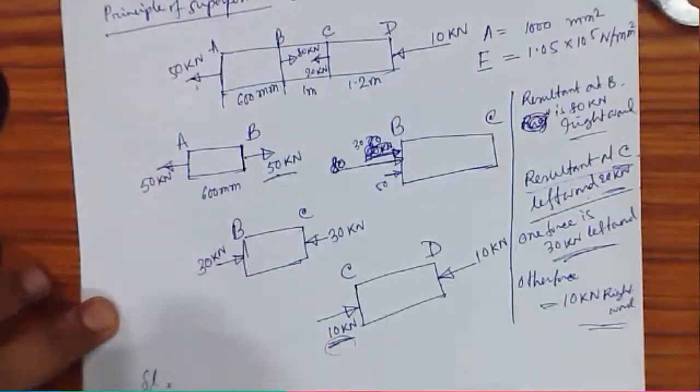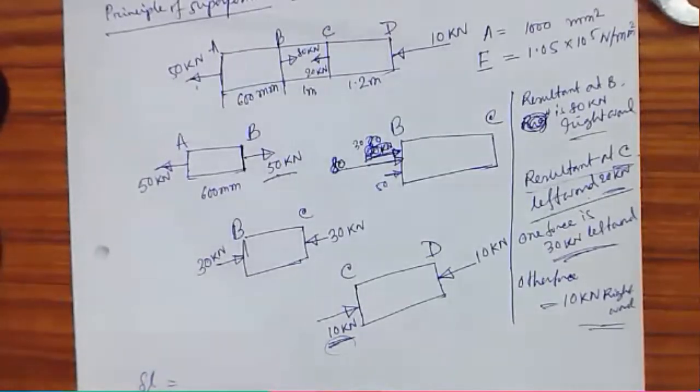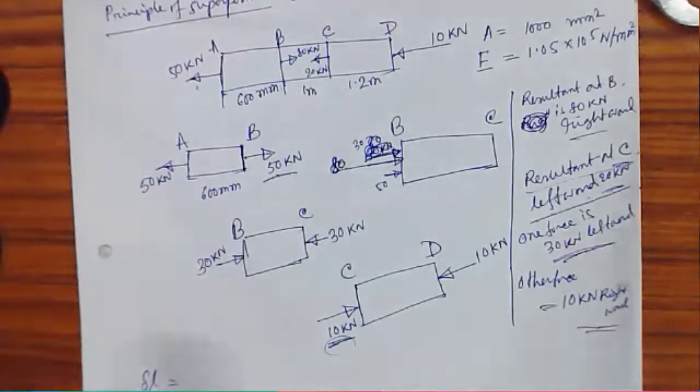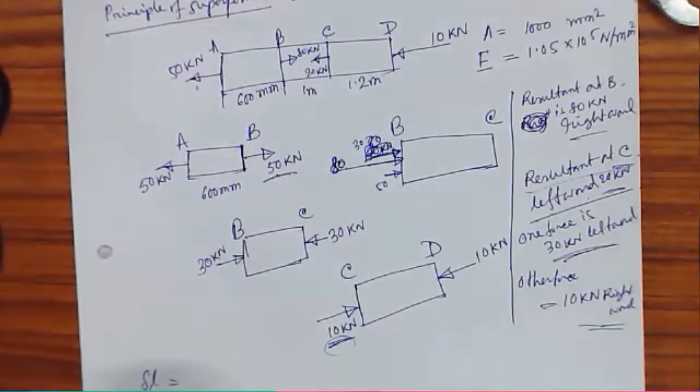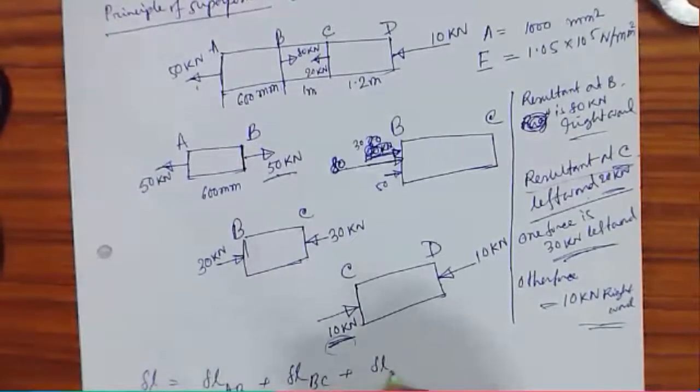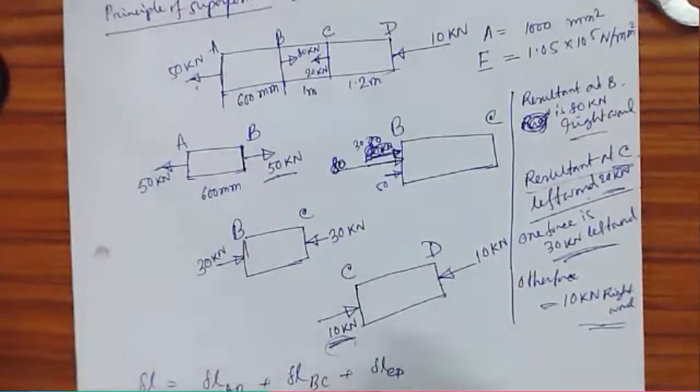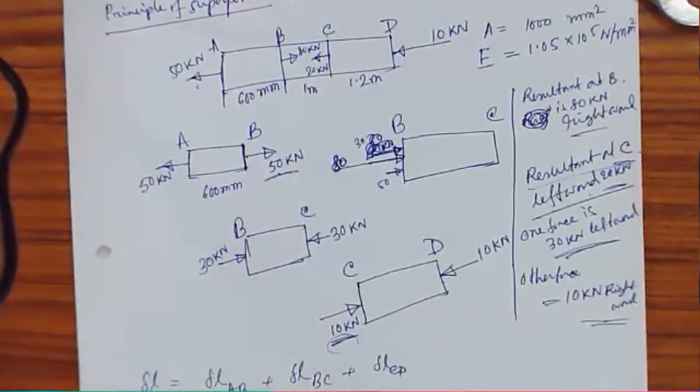So total elongation is delta L, total elongation or total compression, whatever we find. Now this delta L, the total change in length, will be equal to delta L AB plus delta L BC plus delta L CD. Sir, can you scroll the page up? Sure.